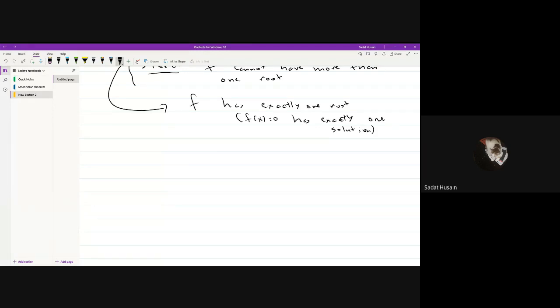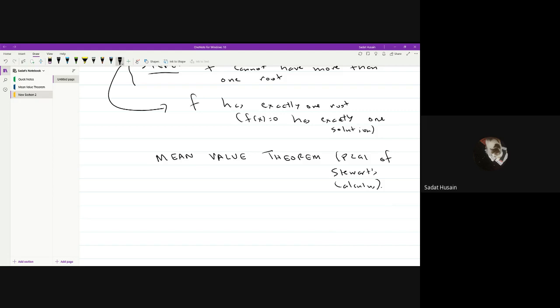This is on page 291 of Stewart's calculus, right?